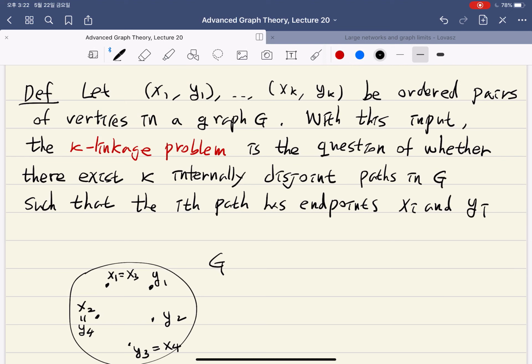So some ordered pairs of the vertices in a graph G are given.